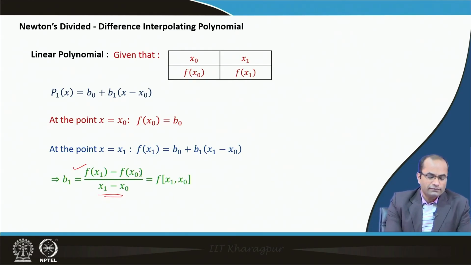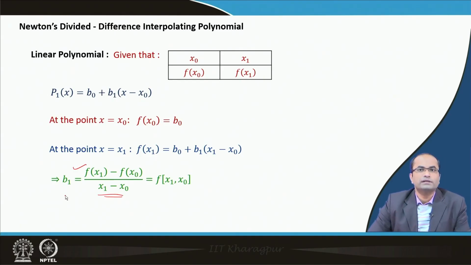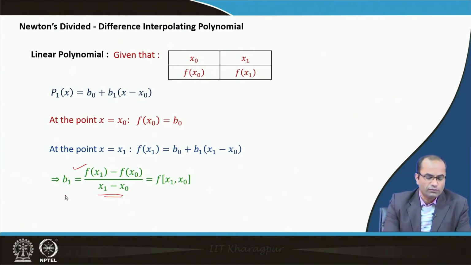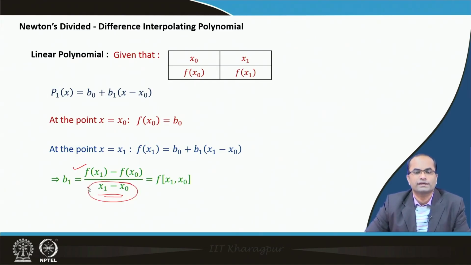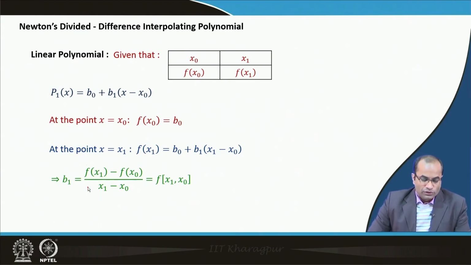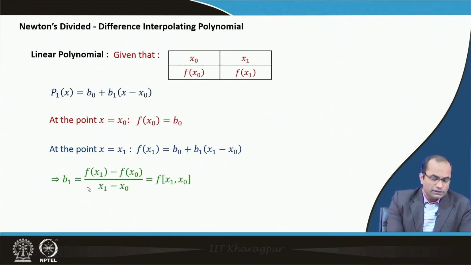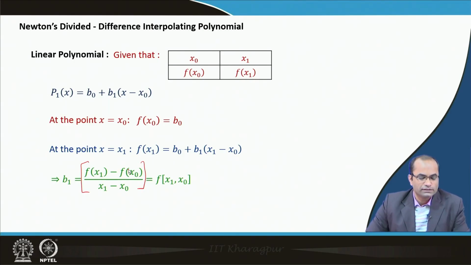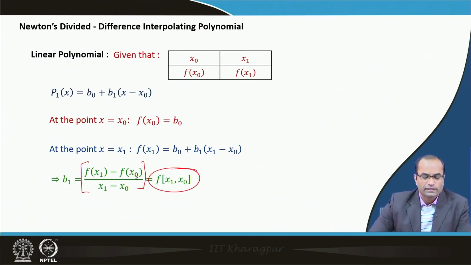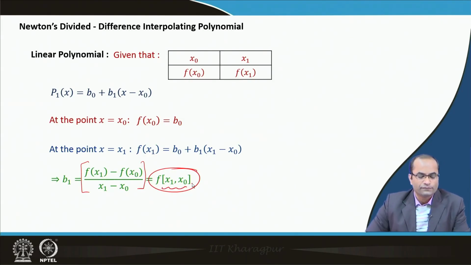And earlier we have written this b 1 in terms of the forward difference formula, assuming that they are equidistant, and this x 1 minus x naught was taken as h. So, now to make it more general, this expression here, which is f x 1 minus f x naught over x 1 minus x naught, we are defining this as f x 1 x naught with the symbol, which is called the divided difference.